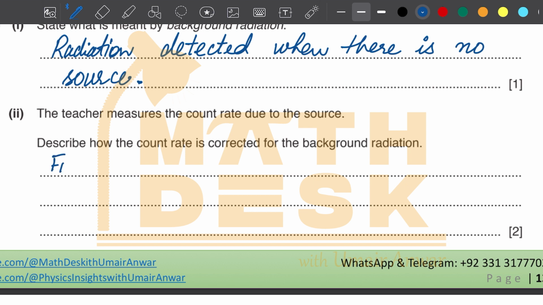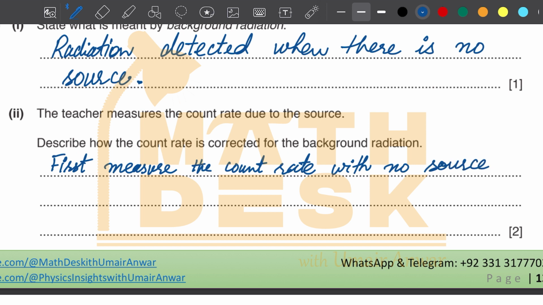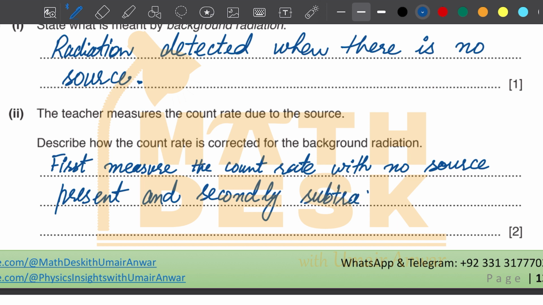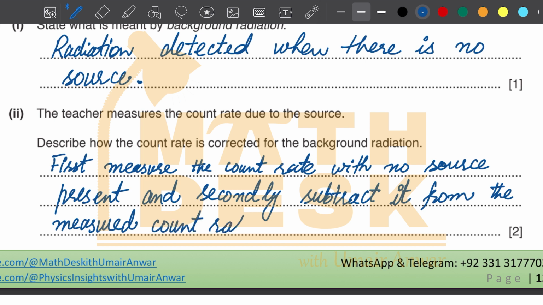So I'm writing first, measure the count rate with no source present, and secondly, subtract it from measured count rate for the same time.